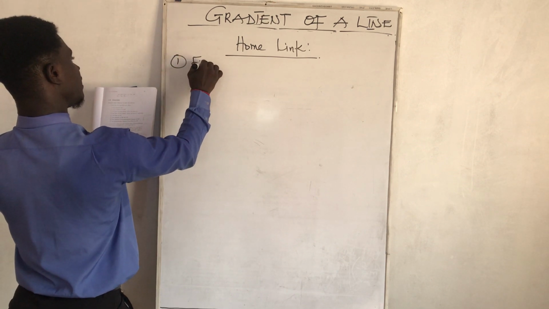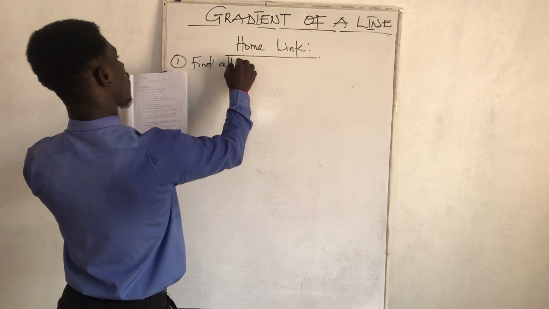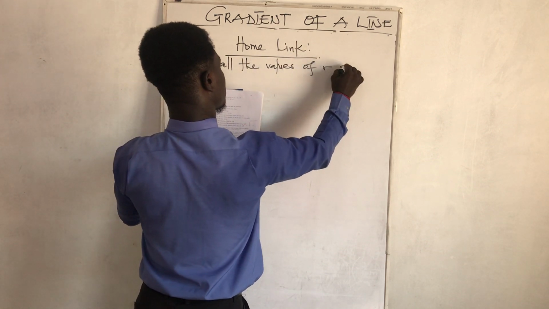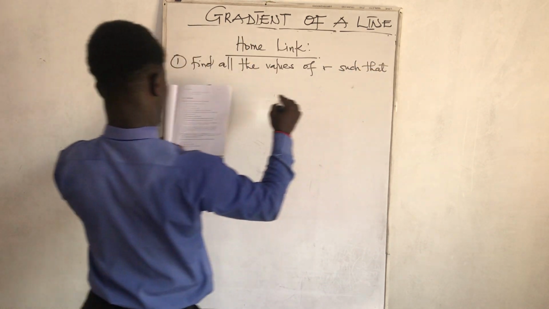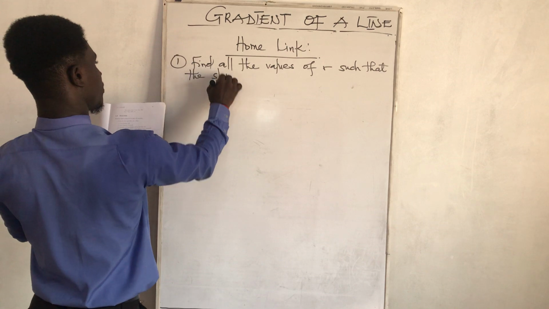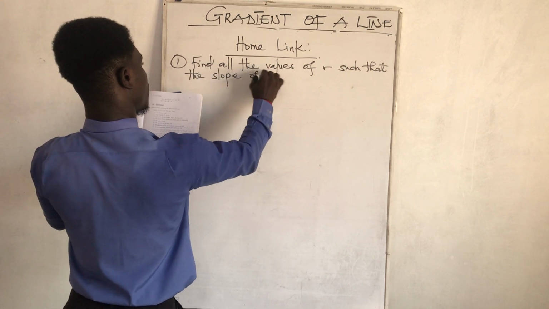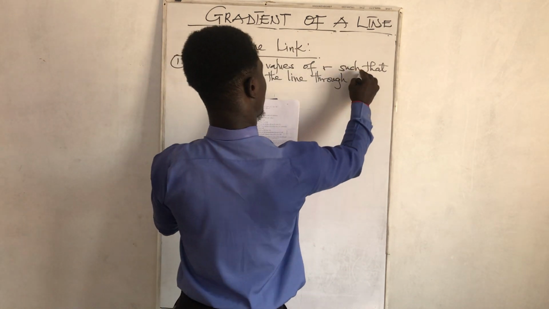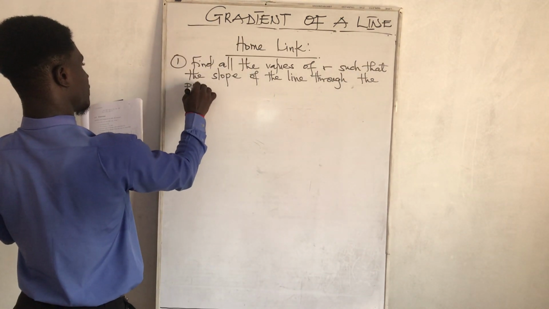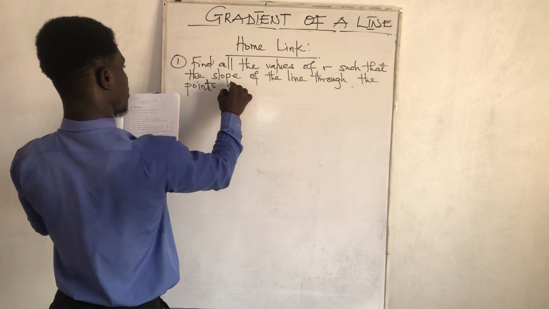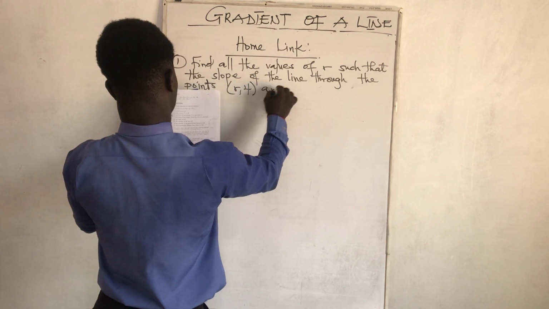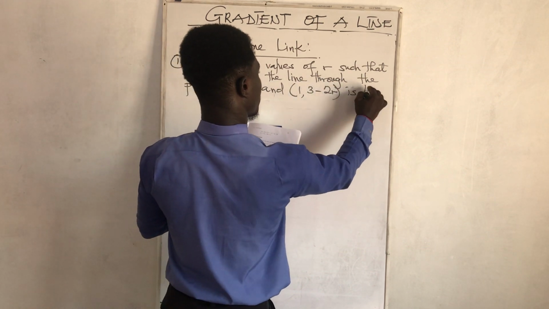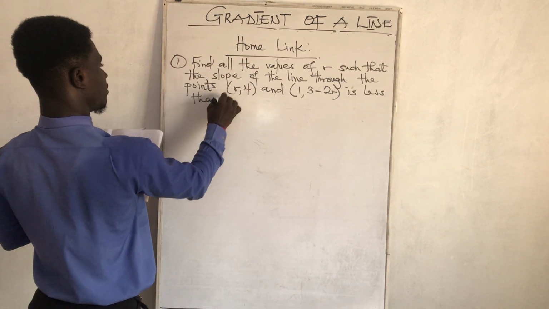It reads, find all the values of R such that the slope of the line through the points R, 4 and 3 minus 2R is less than 5.